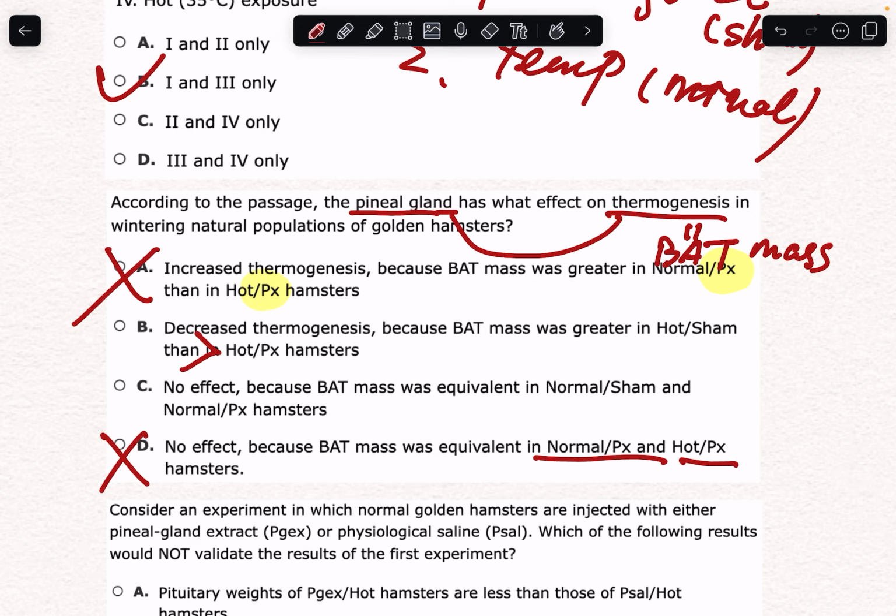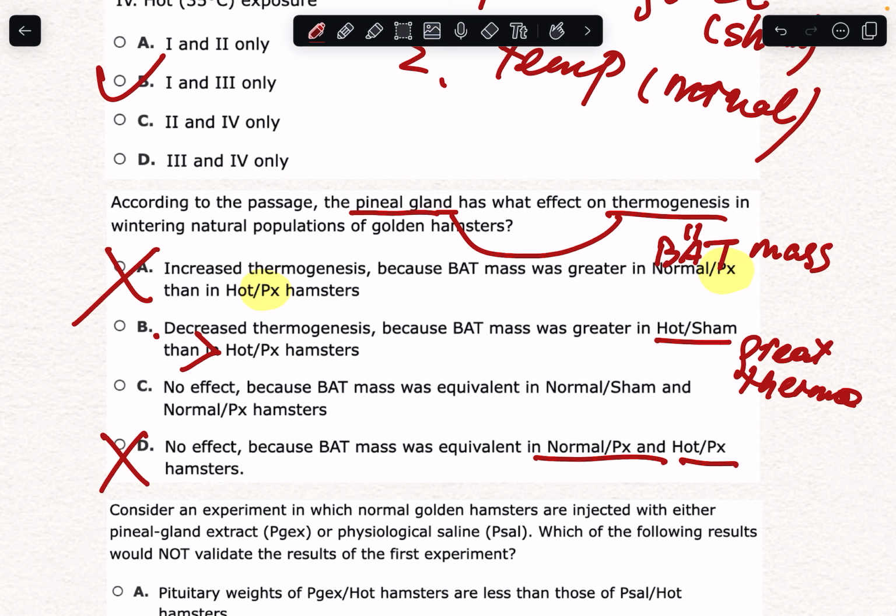Hot sham has a greater thermogenesis, right? Okay, so hot sham has great thermogenesis. Then sham is the condition that I do keep my pineal gland, right? So which means having pineal gland would increase the thermogenesis. You get the logic, right?